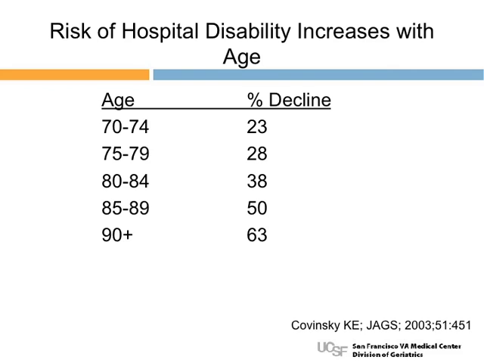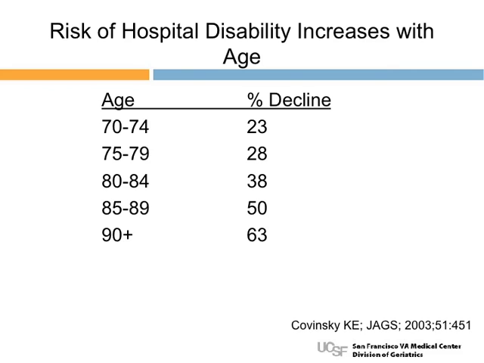But just in the stuff we've looked at, the rate rises from 23% among those who are 70 to 74, all the way up to 50% in those who are 85 to 89, to a pretty whopping 63% in those who are over the age of 90. Again, accentuating the problem that, gosh, if you're 85, it's more likely than not that hospitalization is going to push you over into disability.